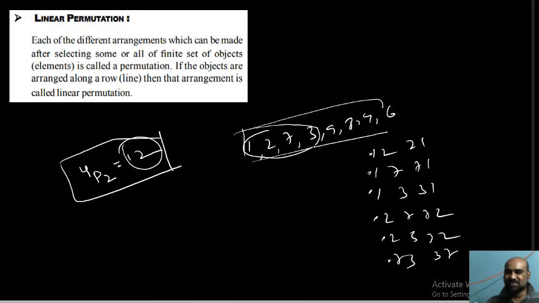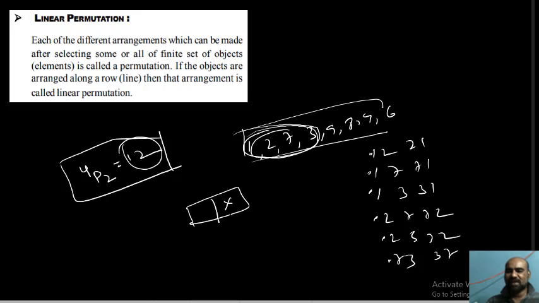This is the same as filling these 4 elements into 2 blanks. Both are the same. Constructing 2 digit numbers from 1, 2, 7, 3 is the same as filling these 4 digits into 2 blanks. How many ways can you fill? By using the fundamental principle of counting, that is the product rule, you can find the answer.